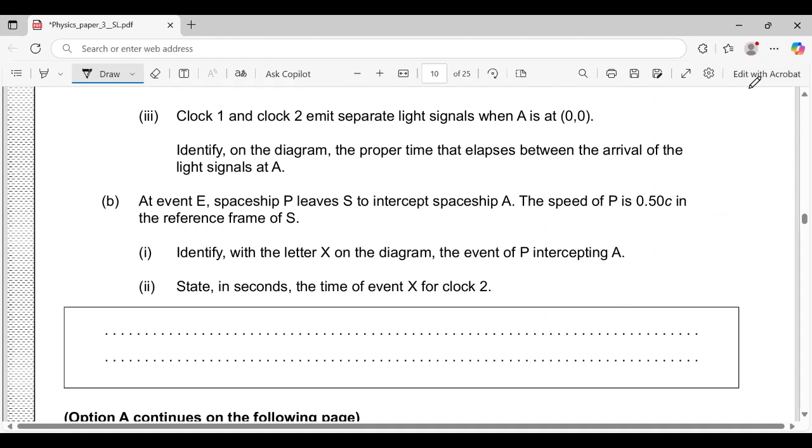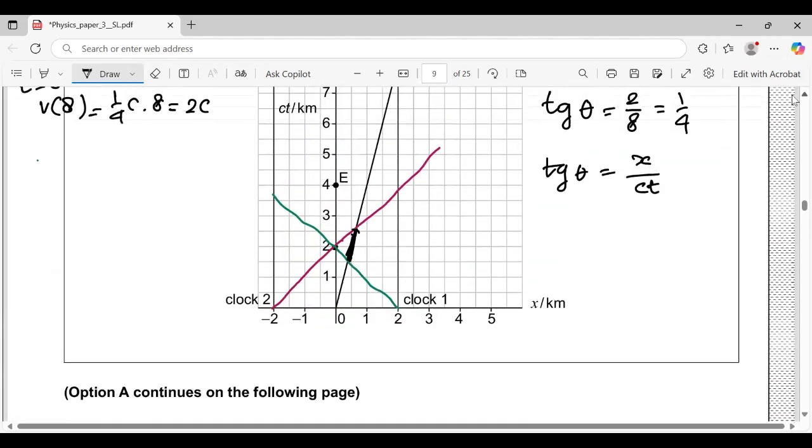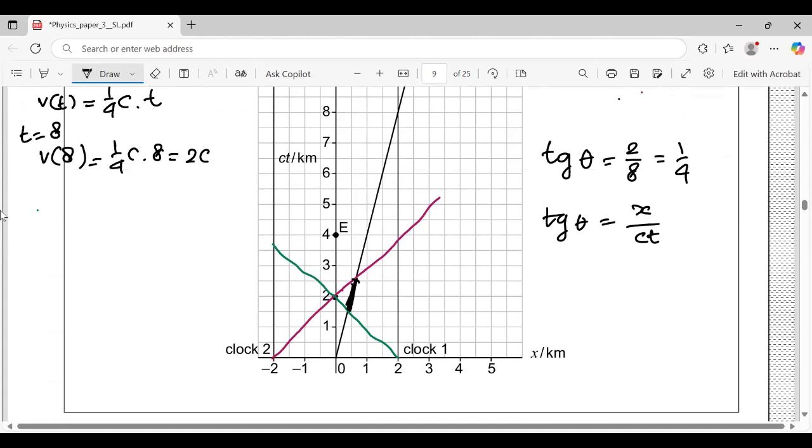Okay. So on this diagram, based on the information that Vp equals 0.5c, it means that the gradient is 0.5, or I'm going to use this one: tangent theta p, the gradient, ct over x. So c over vp.